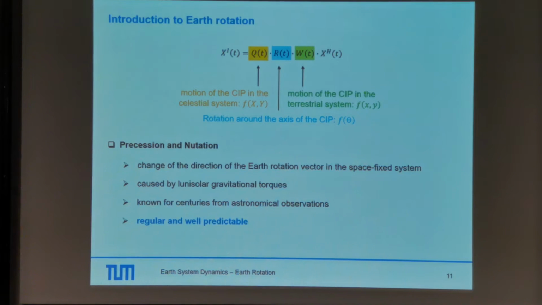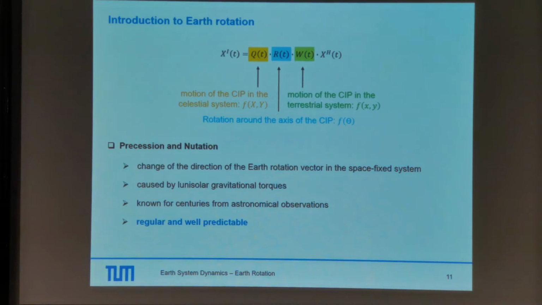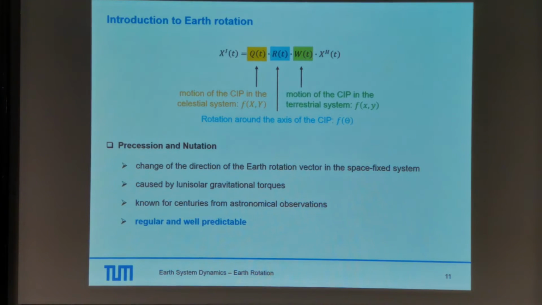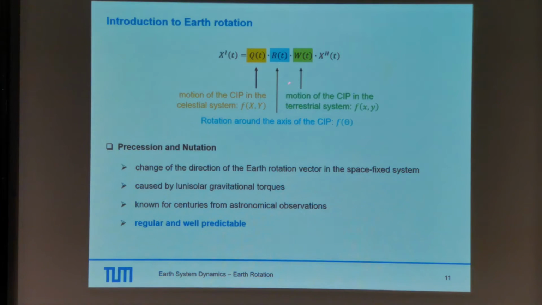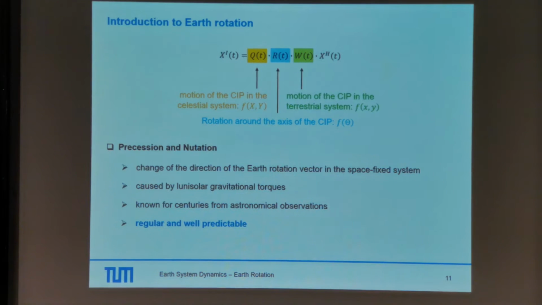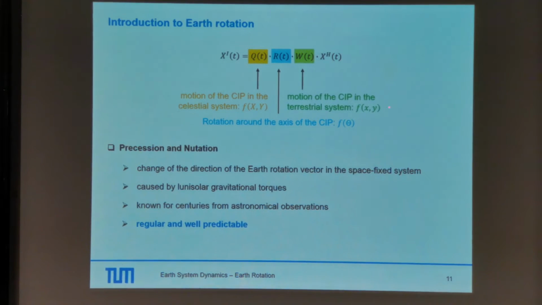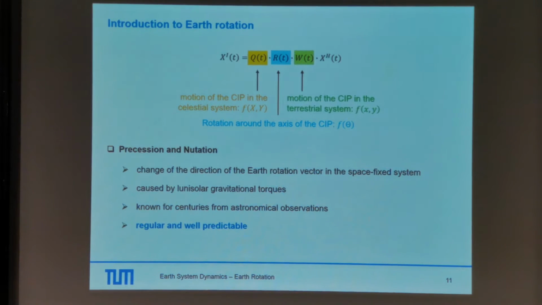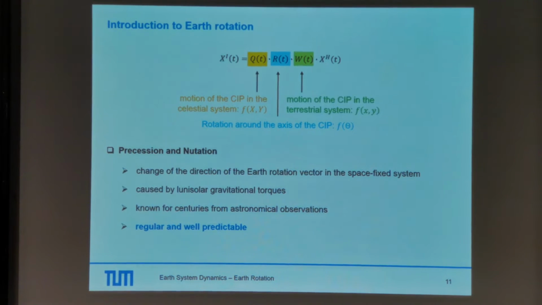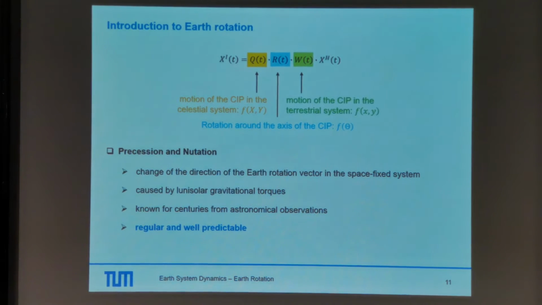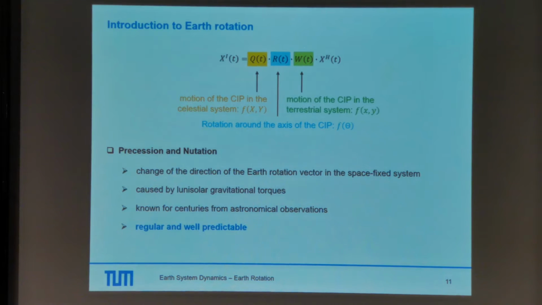And then we have the matrix Q, which describes the position of the celestial intermediate pole in the celestial system, so as seen from space. These 3 rotations can be expressed by 5 different angles: small x and y in the W matrix, the GAST or Earth rotation angle in the middle R matrix, and in the matrix Q the capital X and Y, which describe the precession and nutation.